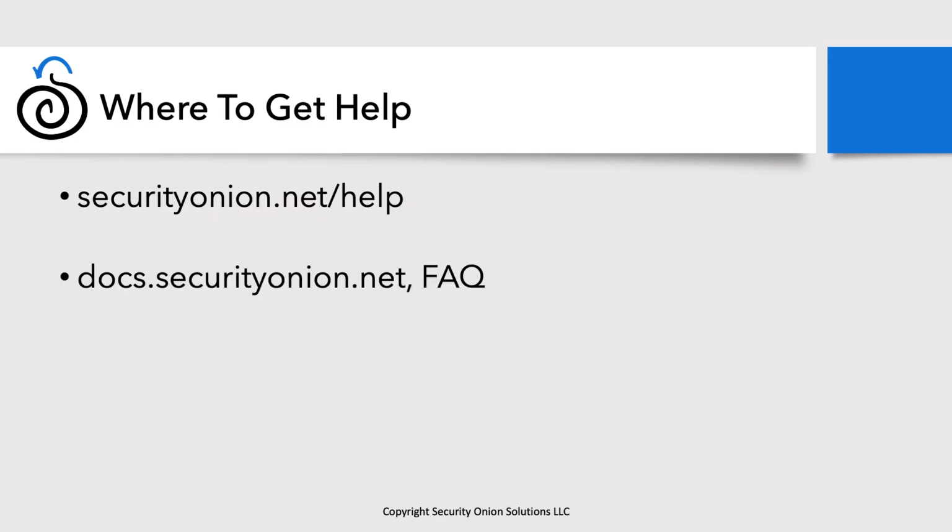First off, it'll be our documentation website, docs.securityonion.net, which includes extensive documentation about all the different components we just saw, as well as FAQs and other things related to that.